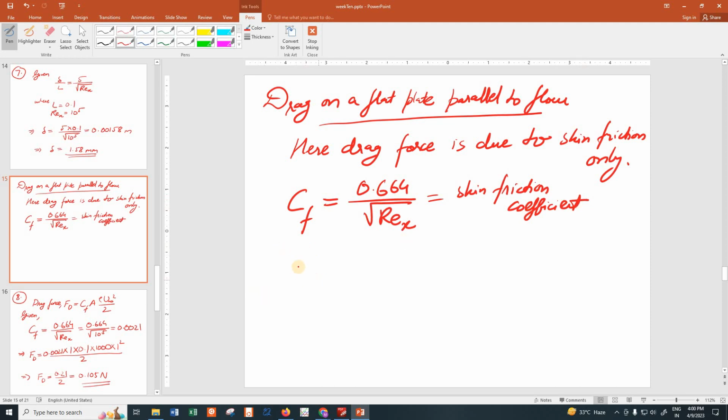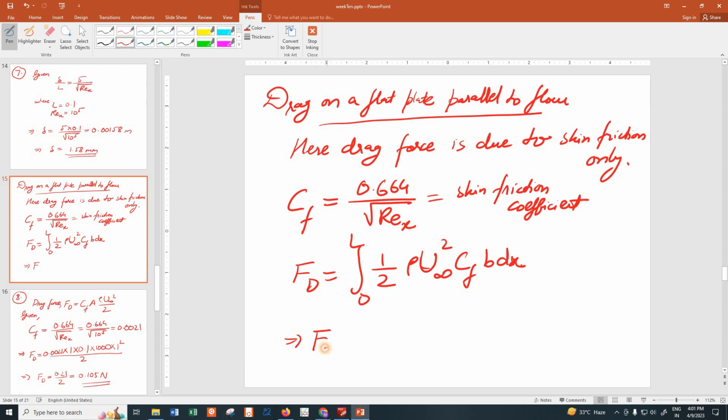Okay, and then one can write that the drag force is the integral from 0 to L of half rho u infinity square CF B dx. So this would become 2 rho u infinity by CF.